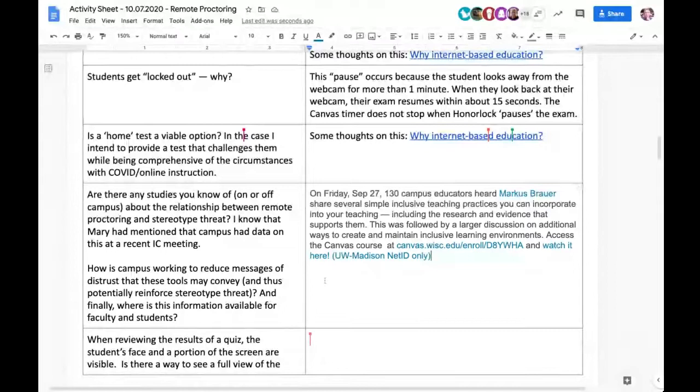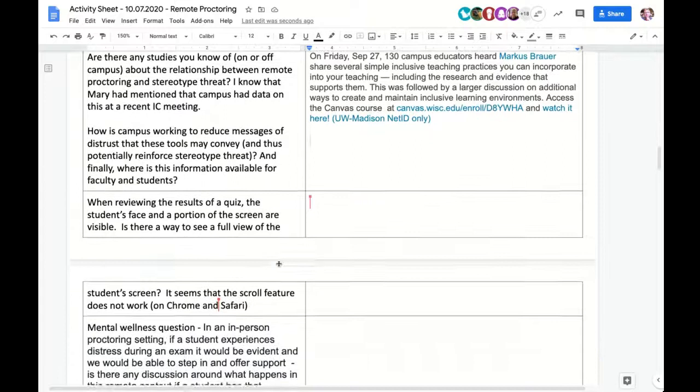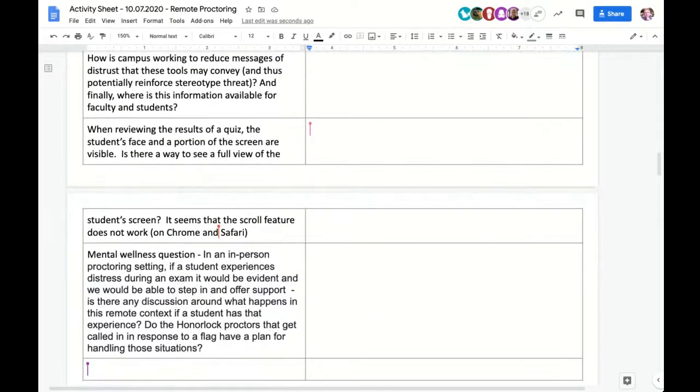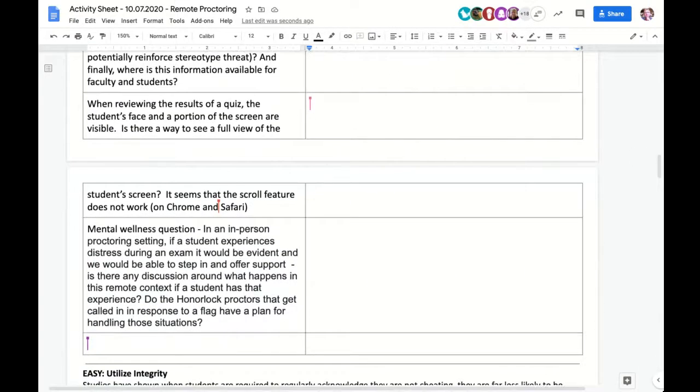So we've been trying to do a lot of outreach, and if others on this call have more ideas on how we can do that better, given the limitations and saturation of communication during COVID, we're open. There's a lot of different ways to reach out to Mallory and me: Mallory at the DoIT Help Desk, myself at the Instructional Continuity website, and we have helped specific instructors and departments through those channels.